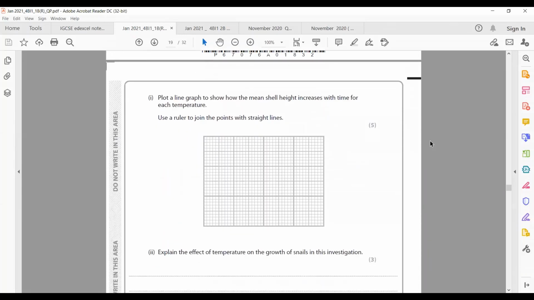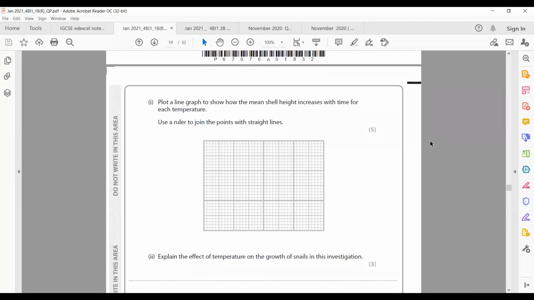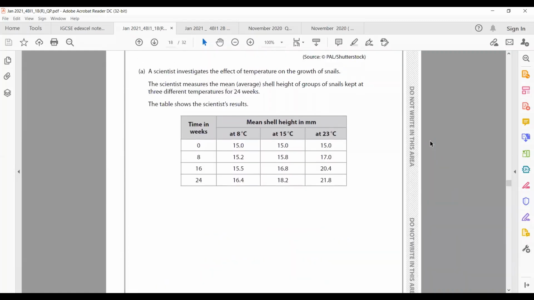A graph. Okay. So, Miss, can you go back? Yes, of course. On the y-axis, we're gonna put the time in weeks. I mean, no, on the x-axis. On the x-axis, it will be the time in weeks. And then the mean shell height will be on the y-axis, right?